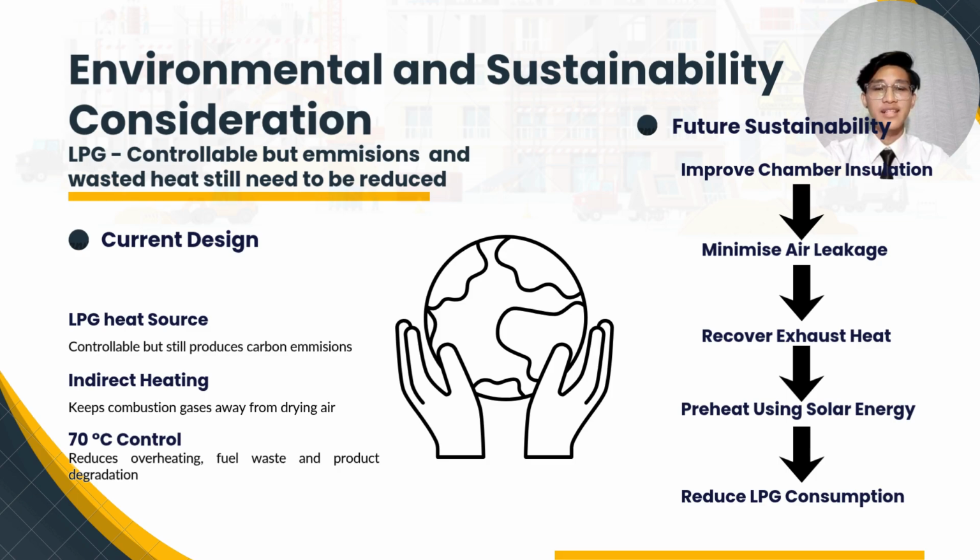The 70 degrees Celsius control strategy also reduces unnecessary overheating, fuel waste, as well as product degradation. For future sustainability, we can improve chamber insulation, minimize air leakage, recover exhaust heat, preheat using solar energy, as well as reduce LPG consumption.